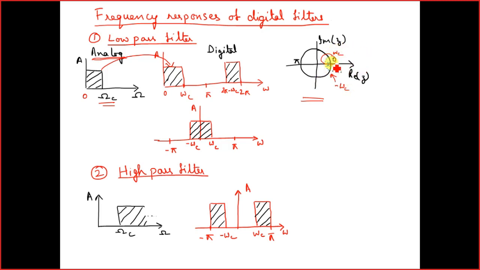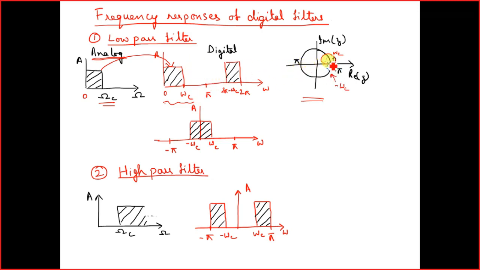So this pole has an effect in both the positive domain and the negative domain. However, when we discussed the low pass components in the analog domain and the digital domain, we restricted ourselves to 0 to omega c. But what happens from 2 pi minus omega c to 2 pi? We have not given anything, right?